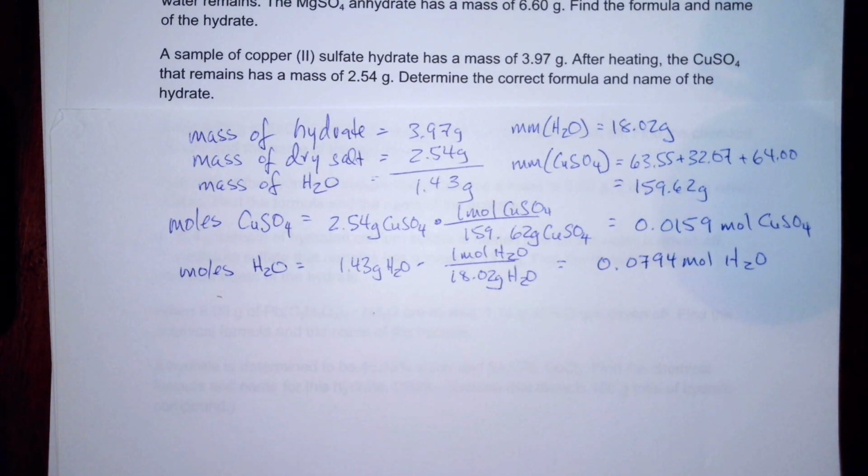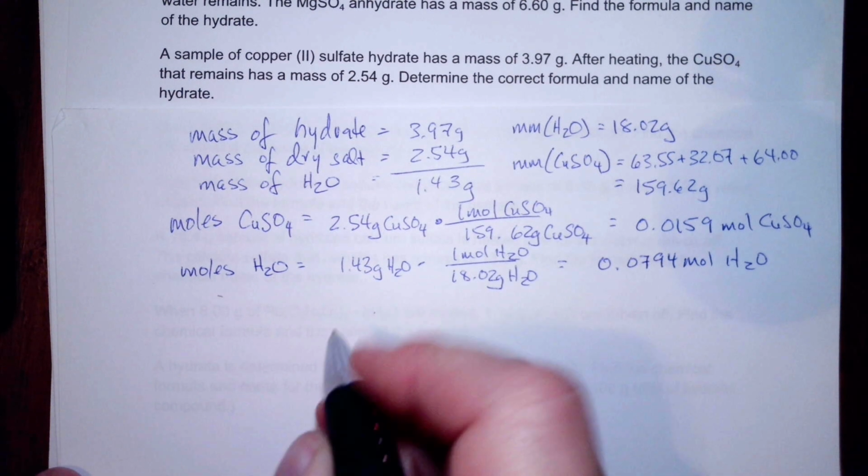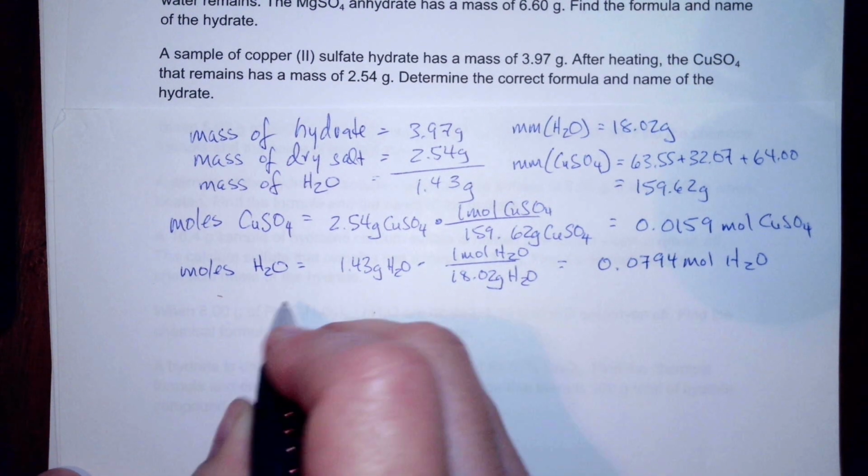So we want the ratio of the moles, larger to smaller. We're expecting that there's going to be more water than there is salt, more moles of water than there are of salt.